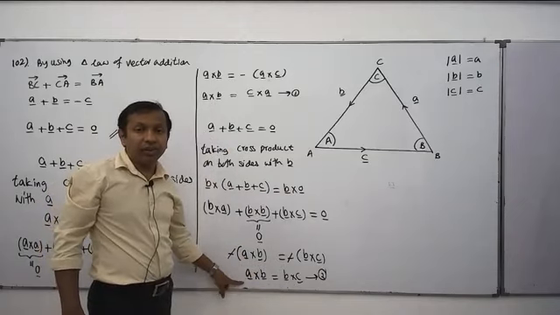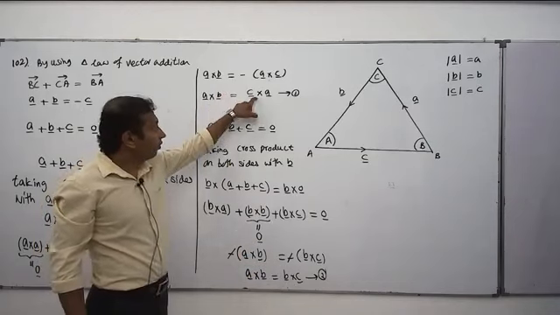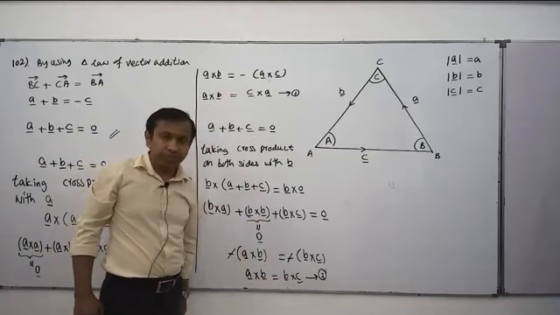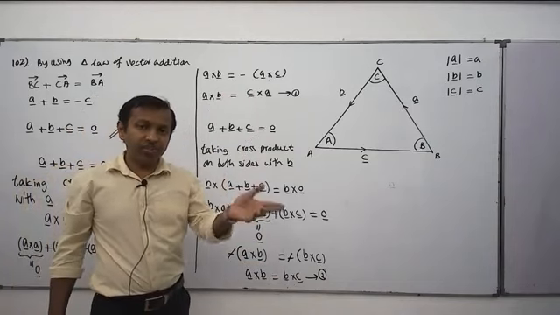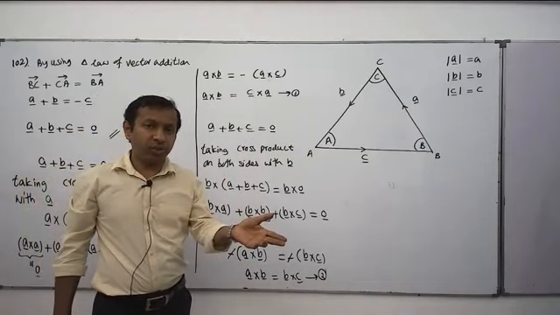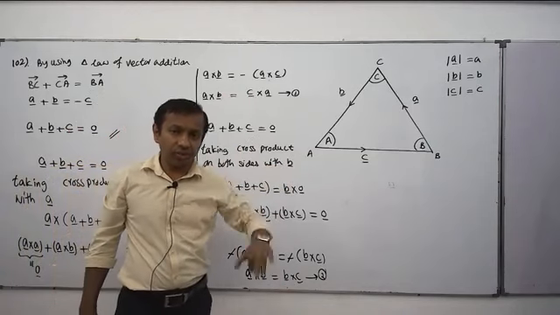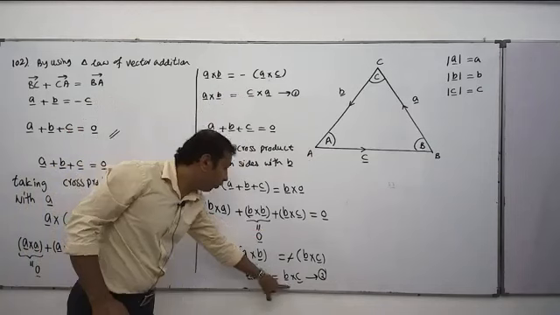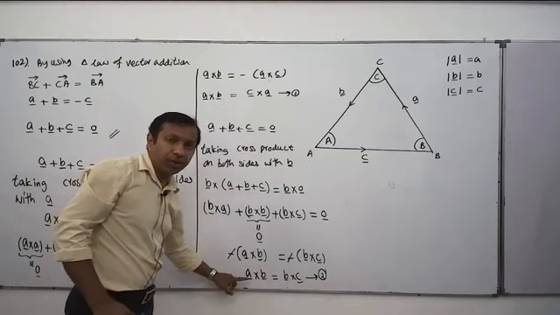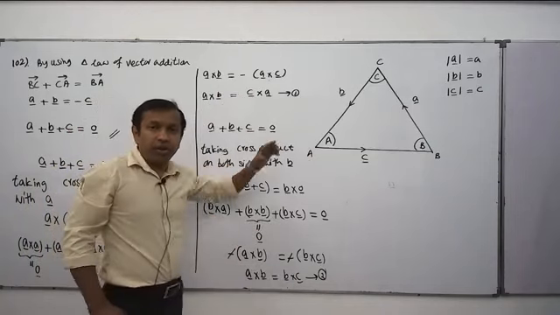X equals Y, Y equals Z. What do you understand by those two relations? X, Y, Z, all three are equal. Like that, this equals this, and this also equals the same thing, then these three are equal.